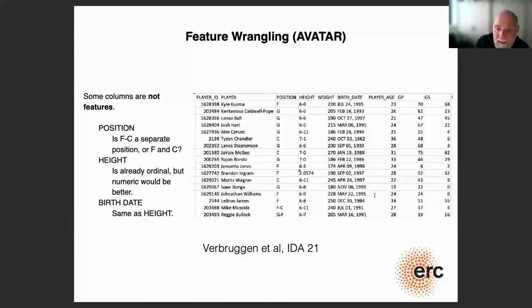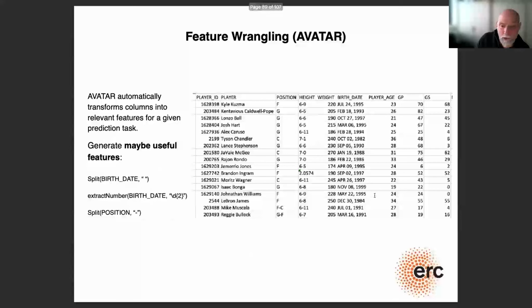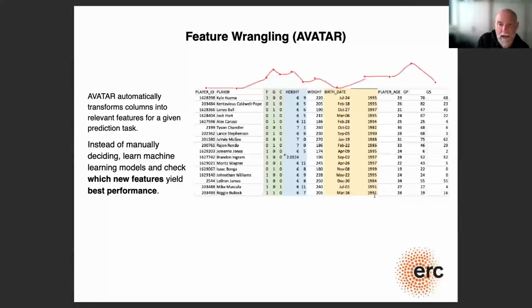There are dates that are also composed of a year and the date and so on. And so also at that level, you can automatically transform things so that the attributes become much more informative, and you get something that you can feed into a machine learning algorithm.